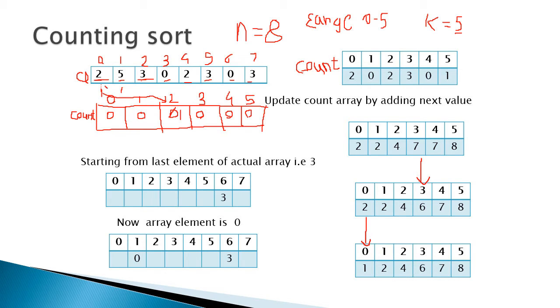Then go to the next index, that is i plus plus, and A of i is 1. Then 5. Jump over to index number 5, and here again plus 1. After that i plus plus, then 3.